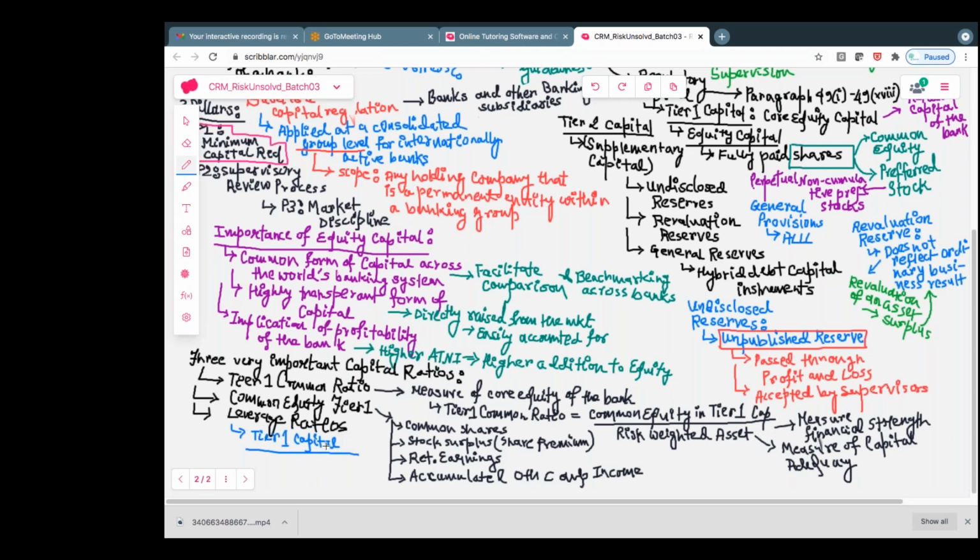So this includes both: the leverage ratio will include both preference as well as common shares.